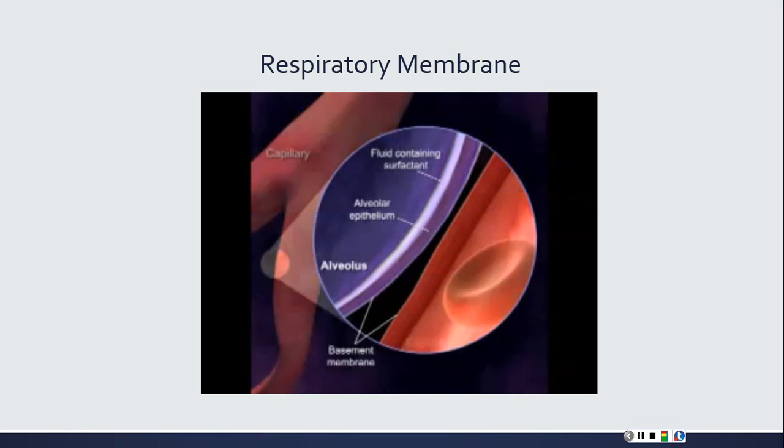On the other side of the interstitial space is the wall of a pulmonary capillary, which is made up of a basement membrane and endothelial cells. The respiratory membrane consists of the layers through which the gases must travel to get into or out of the alveoli. Carbon dioxide and oxygen diffuse across this tiny membrane, allowing the exchange of gases to flow back and forth smoothly.